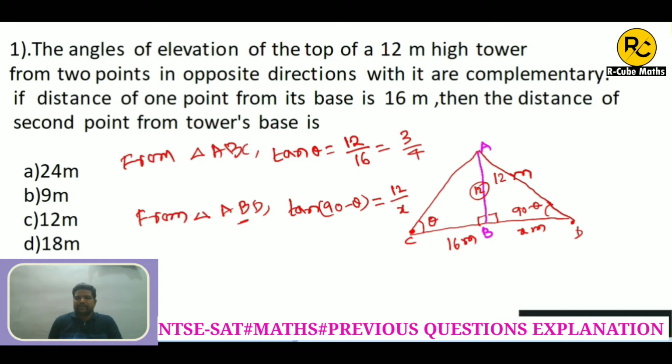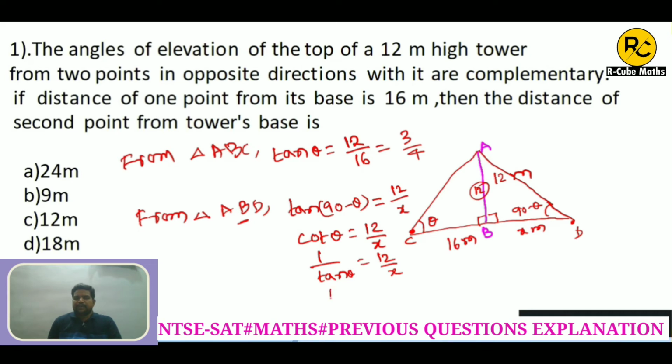We know that tan 90 minus theta is cot theta, which is equal to 12 by x. Cot theta means 1 by tan theta, that is equal to 12 by x.